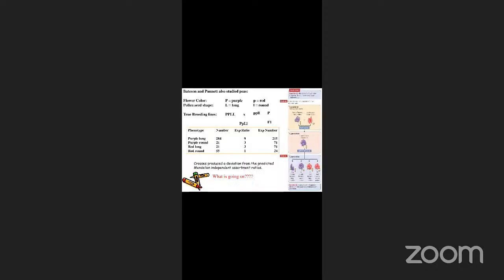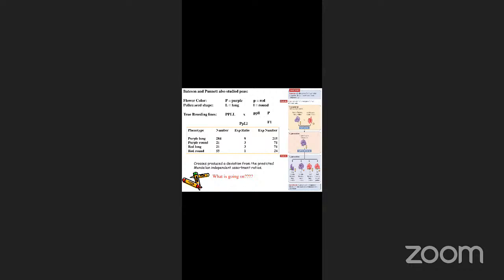William Bateson and Punnett were working on several traits and later they found that there is linkage. A gene for purple versus red flowers and a gene for long versus round pollen grains. So it was a dihybrid cross; they were studying two genes. In that, they didn't get the expected ratio.